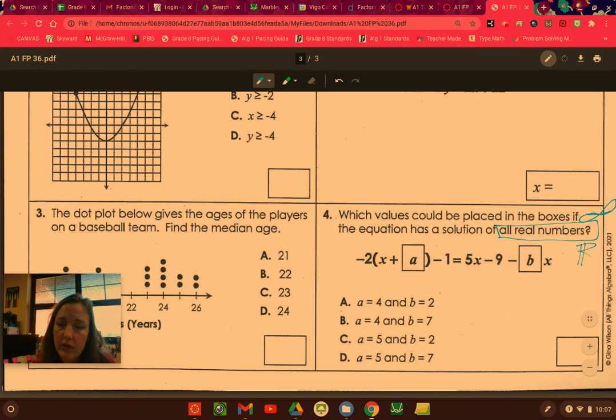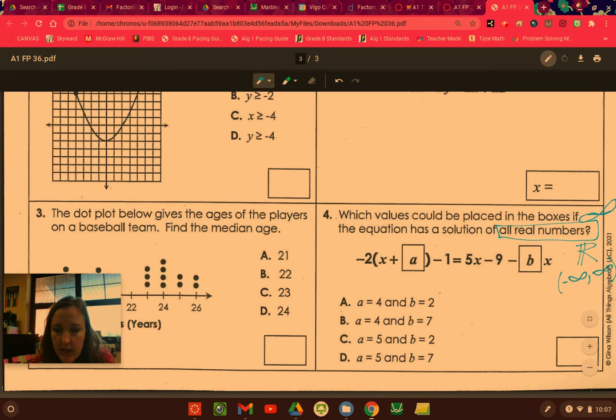A symbol for it is this, right? You can also have, I don't know if you guys remember, when we were doing interval notation for a little while, this would be the symbol for all real numbers from negative infinity to infinity and beyond. Okay, so we're just testing numbers.